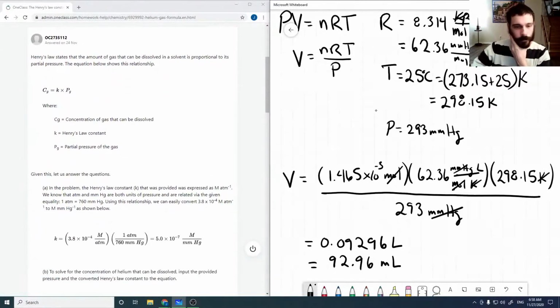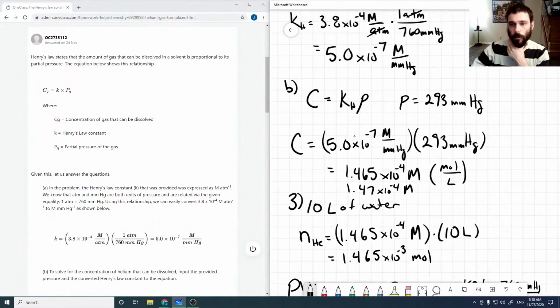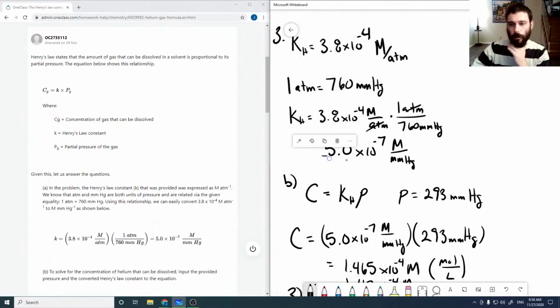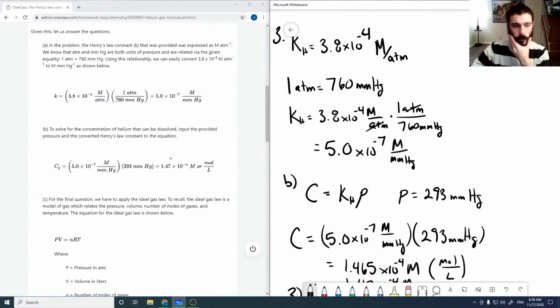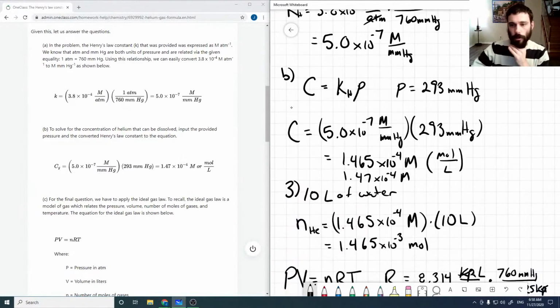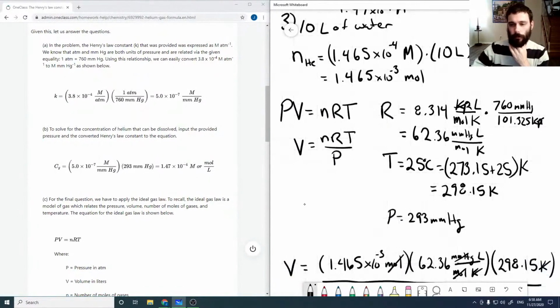First of all, going up to the top, we get about 5 times 10 to the minus 7, so that looks good. Our concentration is 1.47 times 10 to the minus 4, so that looks good.